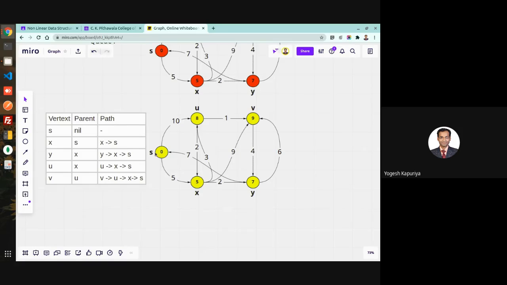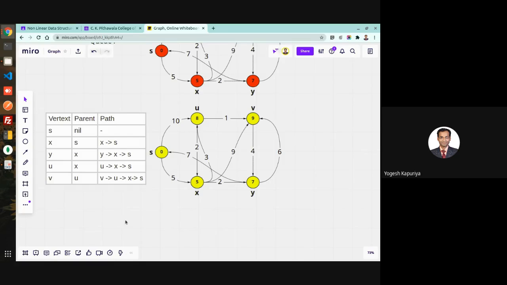S to X directly. This is the shortest path, 0 to 5. Then for Y, you have S, X, Y. So S, X and Y. So 5 plus 2, 7. For U, you have S, X, U. So you have 5 plus 3, 8.